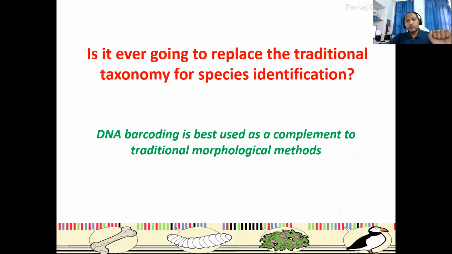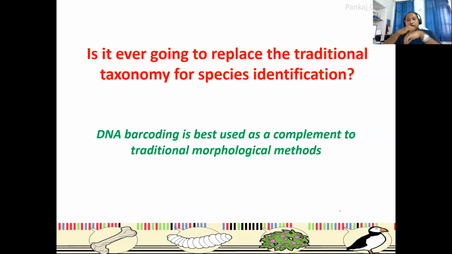Now, in DNA barcoding, okay, how DNA barcoding will assist or complement the traditional method of taxonomy. Sometimes it becomes difficult to identify a plant. Suppose the reproductive parts are not available when you collected the plant.